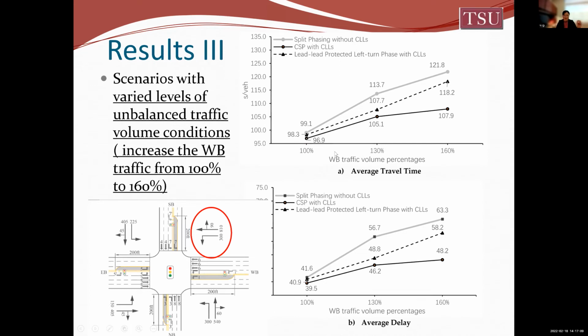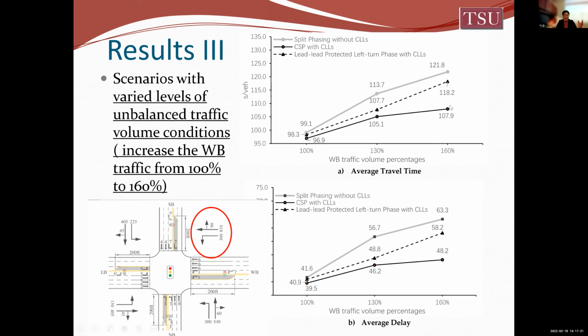In these results, you can see our CSP design has more benefit than the existing lead left-hand design for the CLL lane design. This is because in our CSP design we still use split phasing, because the lead is not split phasing.